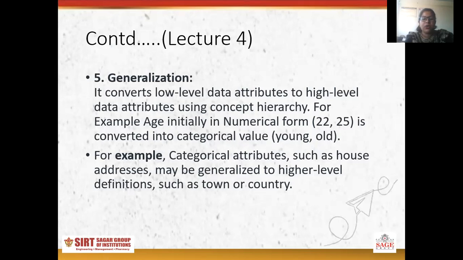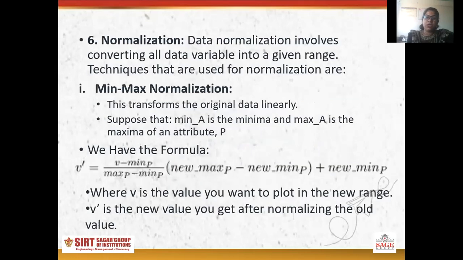Similarly, we can go ahead with categorical attributes such as house address, which is again generalized to the state, then further the state into country, and finally the continent, and so on. So this was the method of generalization.